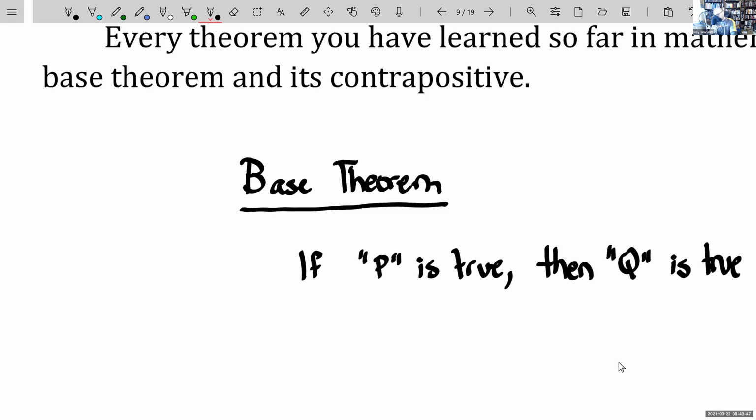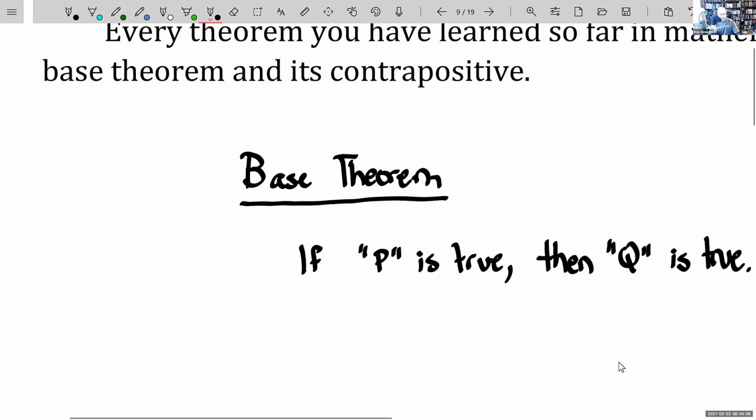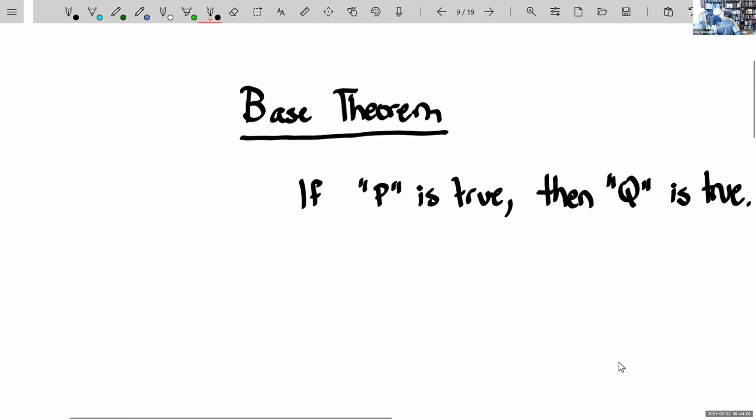That's how most theorems are written. For example, if it's raining, then it must be cloudy. I'm just not mathy, but it's a very famous one that's used for this conversation. All right, so that's a base theorem. The contrapositive is the following.